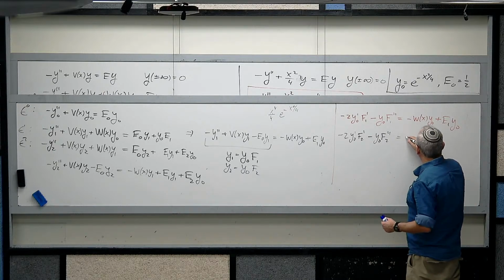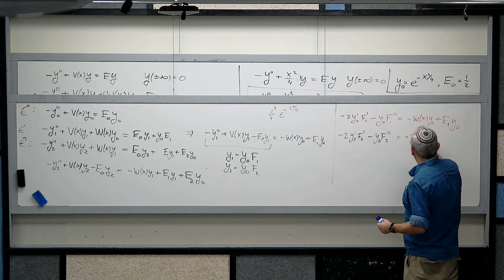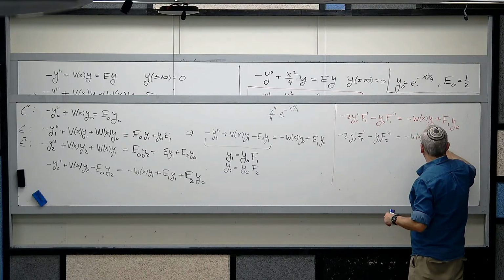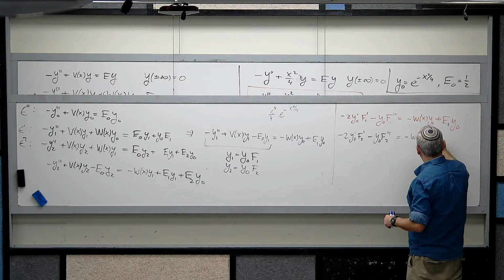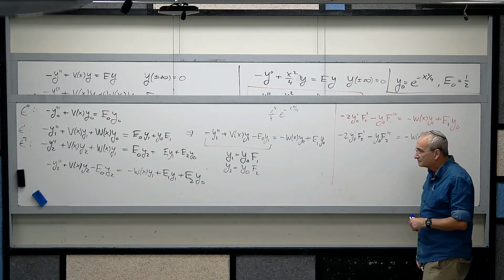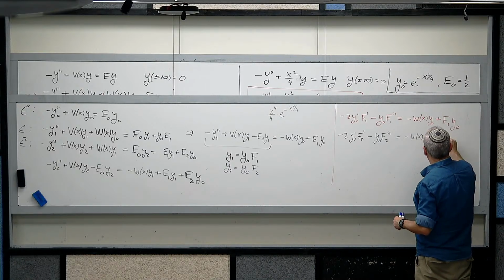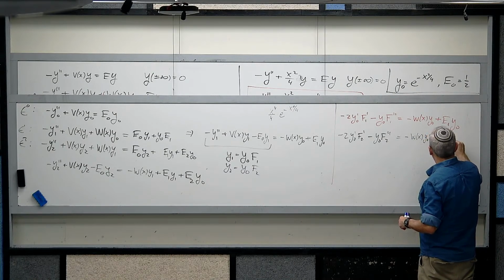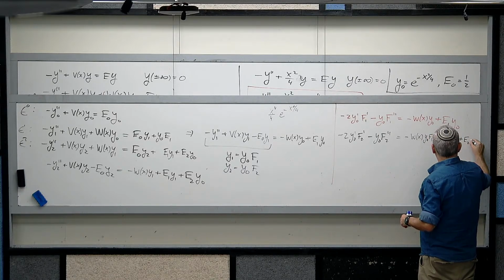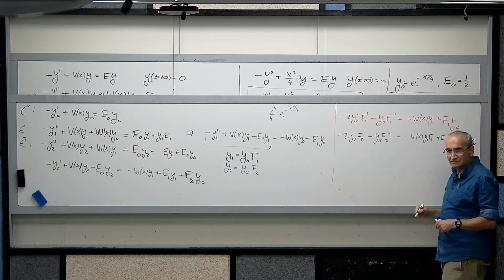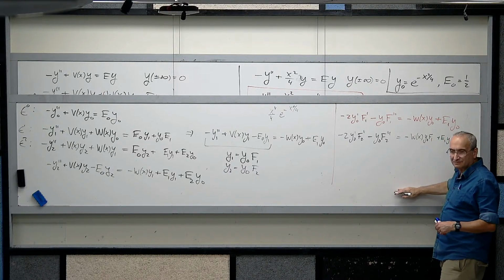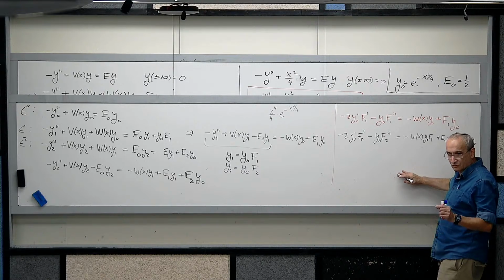On the right hand side, I will have minus w of x y1, so it's y naught f1, and plus e1 y naught f1 plus e2 y naught, and so on and so forth. You see what I'm doing?